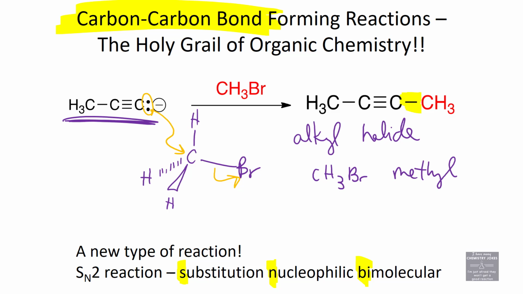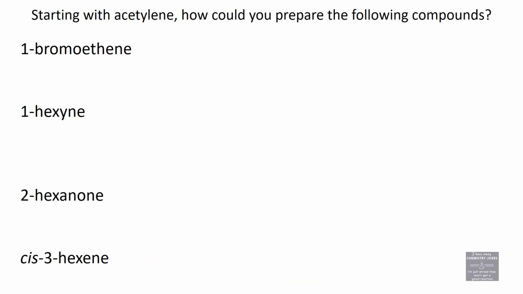They can be like this one. That's a primary alkyl halide. They can be like this one. That's a secondary alkyl halide. Tertiary alkyl halides cannot do an SN2 reaction, and that's good enough. That's all I'm going to say about the SN2 details right now.